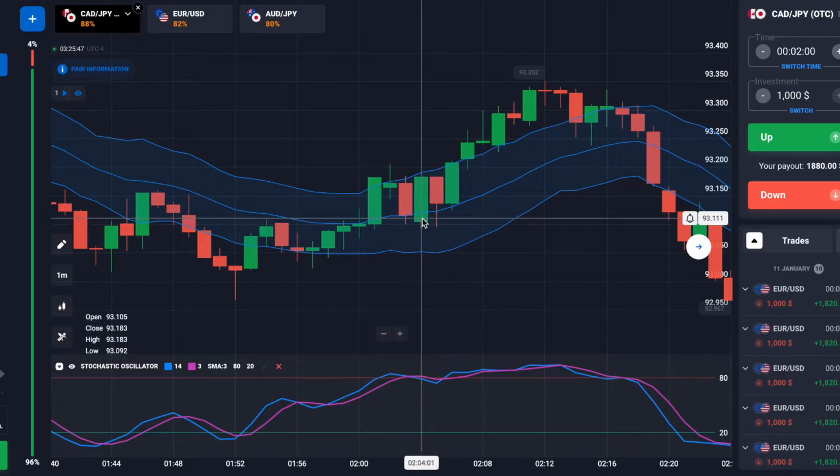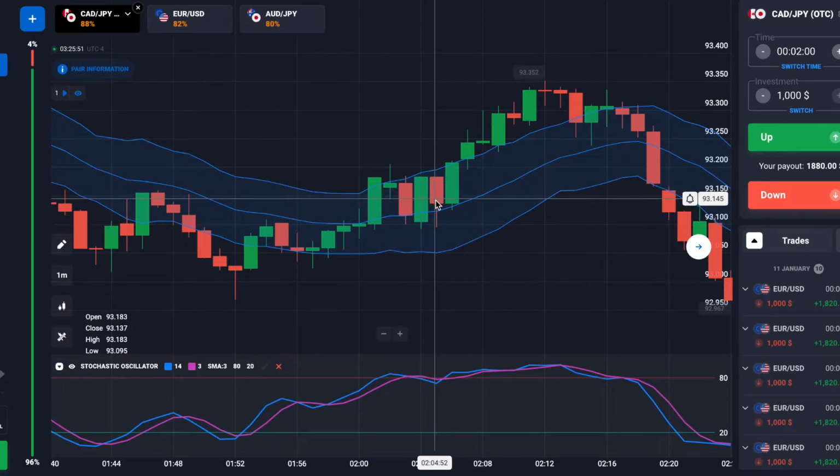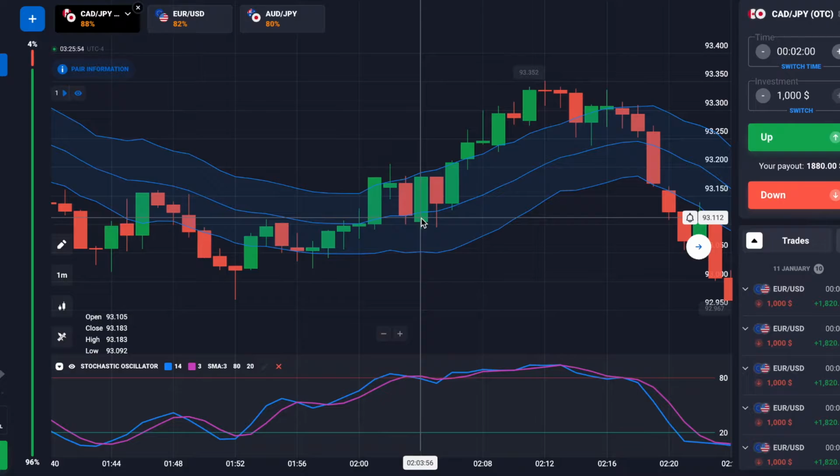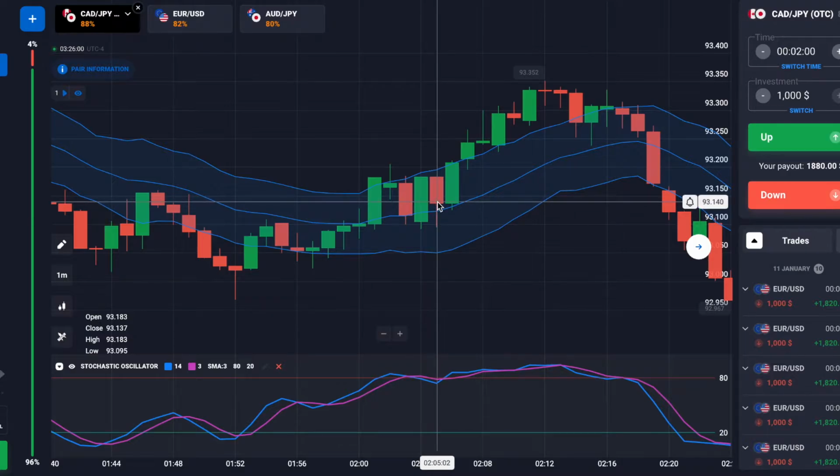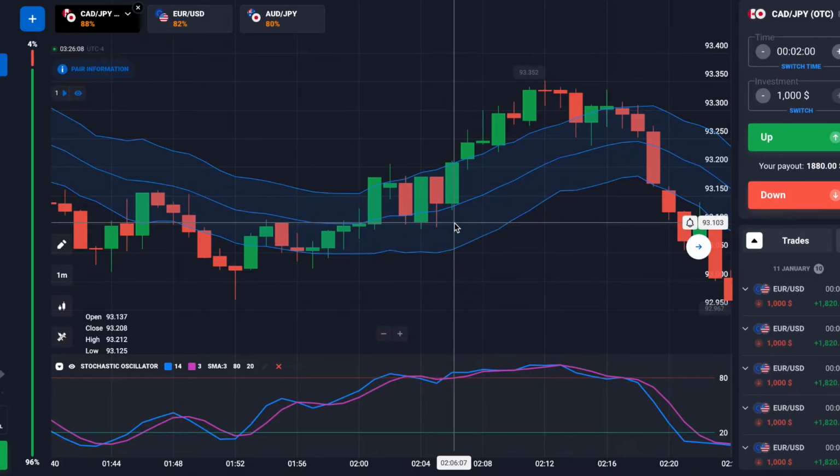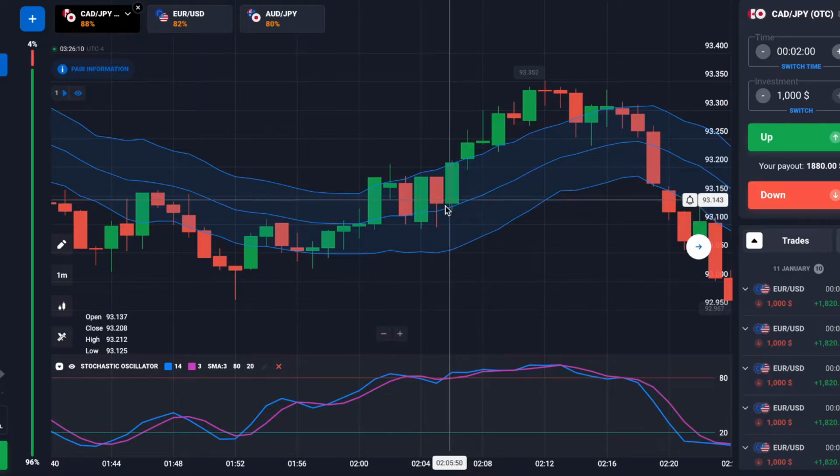You can see right here's a green candle. The next candle is red. And let's say you enter for a call position, right here. This candle closed right here. This red candle right next to it closed right here. But let's say the timer expires when it's down here. Or let's say you do 2 minutes instead of 1 minute.